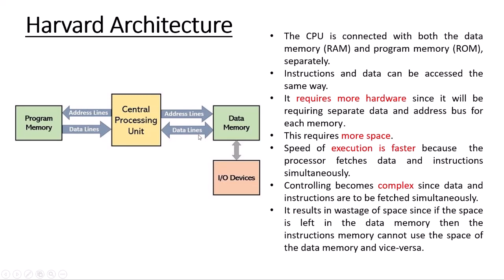It requires two sets of system buses. Examples of Harvard architecture are the 8051 family and the PIC microcontroller. And as an example of von Neumann architecture, the Motorola 6811 HC11 microcontroller is based on the von Neumann architecture.